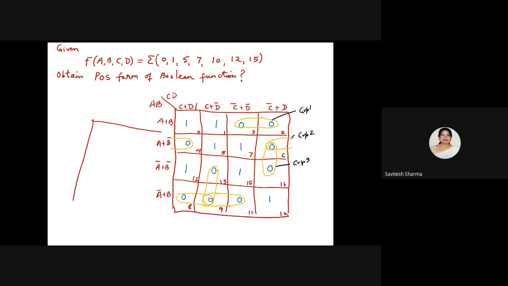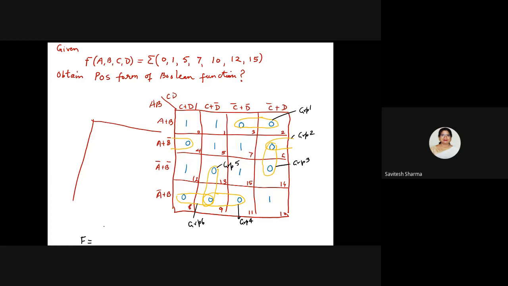So you please check. Quad is not forming, right? Only pairs are forming. So 6 groups are formed here. So I should write 6 terms in the final expression.